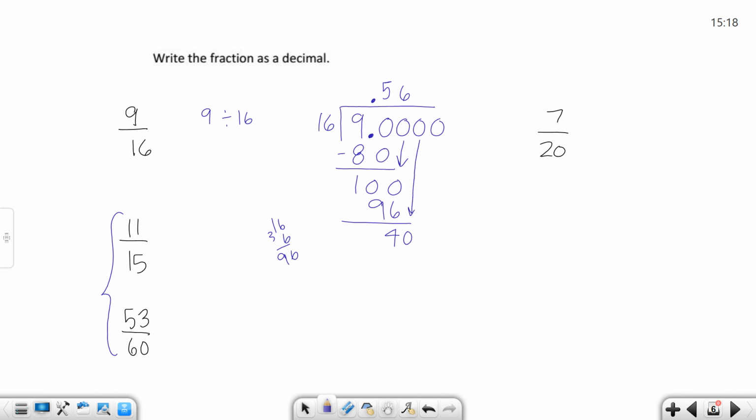Okay, 16 goes into 40 2 times, and that's 32. And 16 goes into 80 5 times, and that would be finally dividing it out. And so this answer over here would be 0.5625.